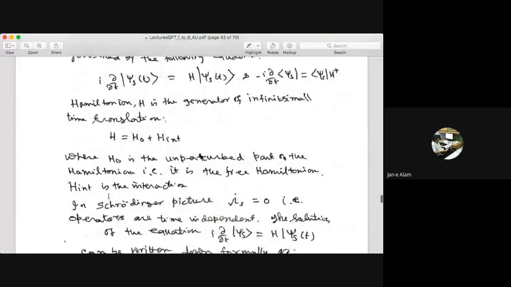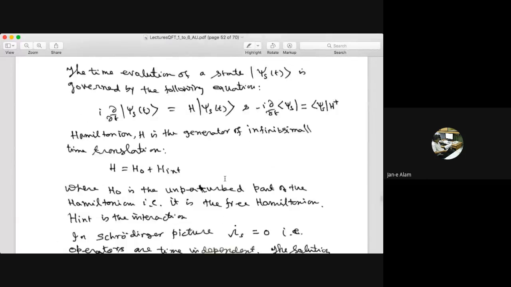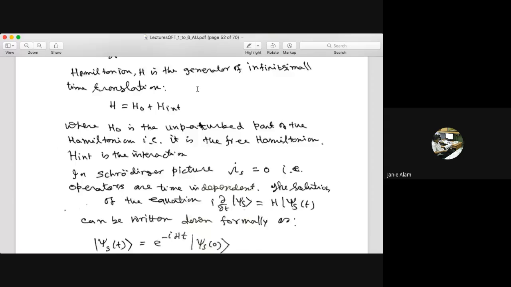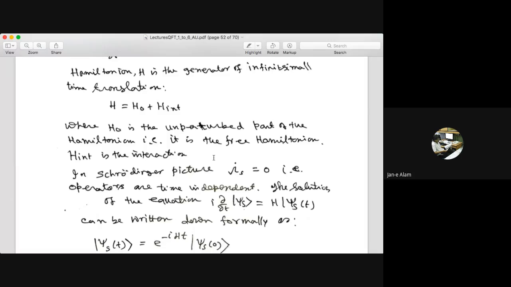One is the Schrodinger picture, where we started and showed you that the time evolution of the states is given by the Hamiltonian. The Hamiltonian is actually the generator of infinitely small time translation. So they are the generators. So the Schrodinger equation, where the states have the time dependence and the operators are time independent.